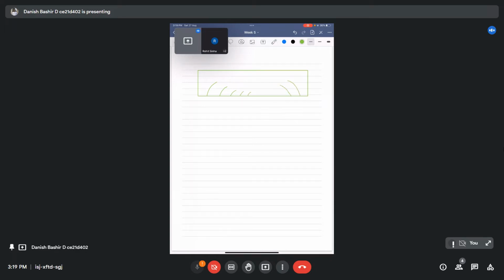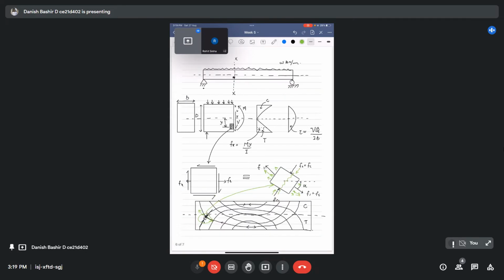These are the cracks which got induced on our beam as a result of both flexural stresses as well as shear stresses. This is the potential profile of the cracks in our beam. So you got an idea about how our shear stresses in combination with flexural stresses are responsible for the cracking of our beam.